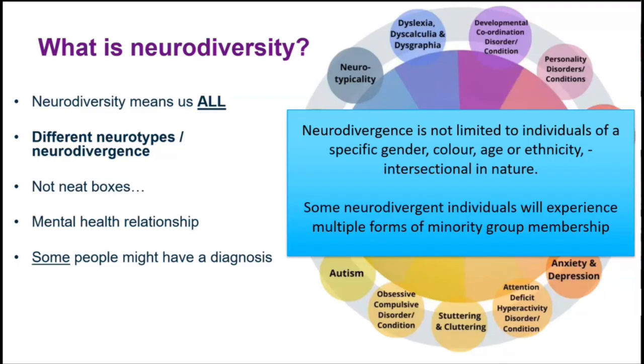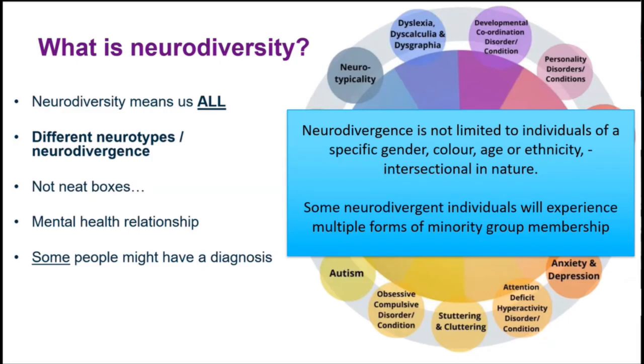Equally, individuals might have multiple forms of neurodivergence. In fact, if you have a diagnosis of ADHD, it's probably more likely that you also have other co-occurring diagnoses of different neurotypes than to have ADHD on its own. So we know there is vast overlap and intersectionality between all of these issues.